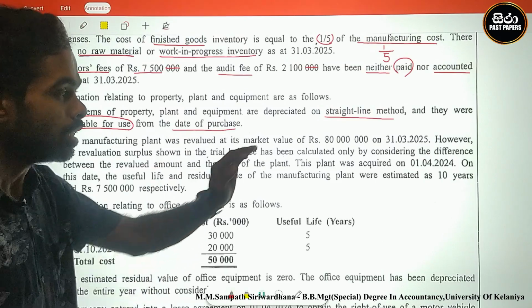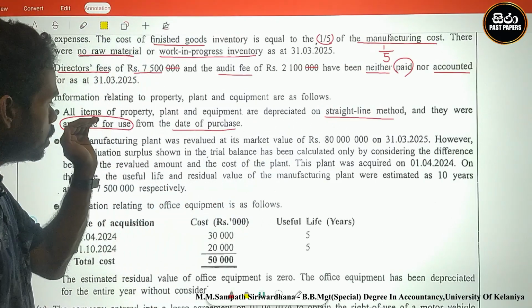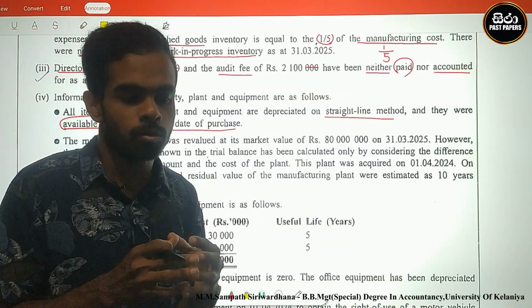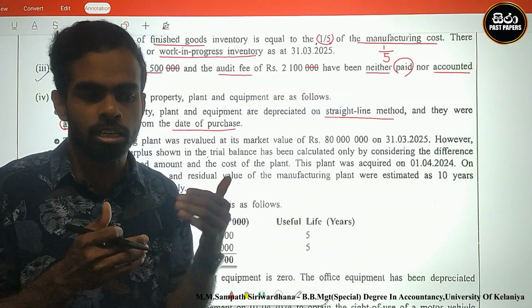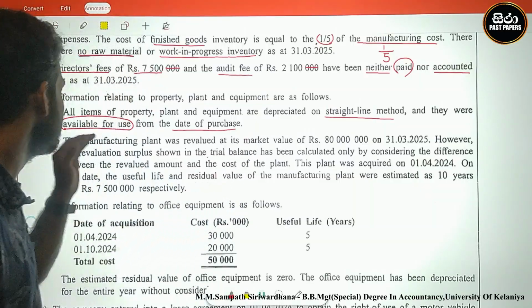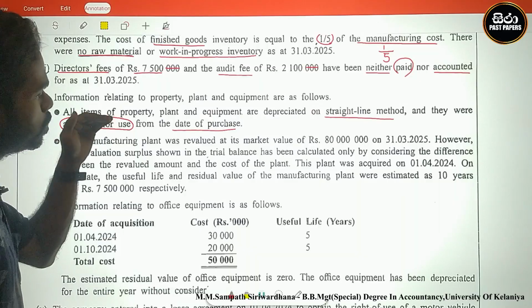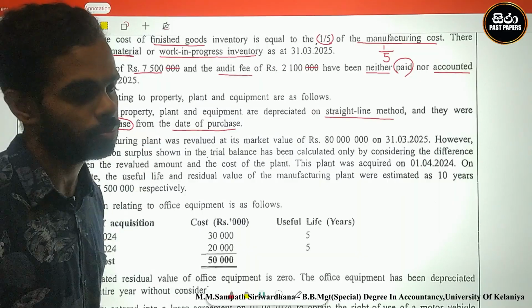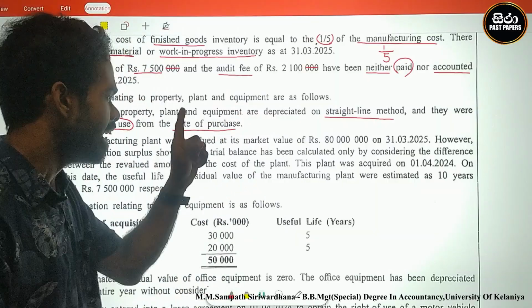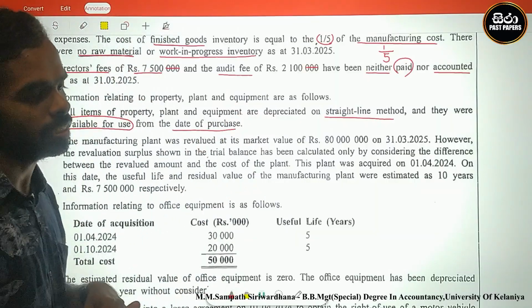They said that they were available for use from the date of purchase. This meaning was purchasing date and available for using date is the same. Why they said that are available for use from the date of purchase. Therefore, we can depreciate at the purchasing date, at the available for using date.